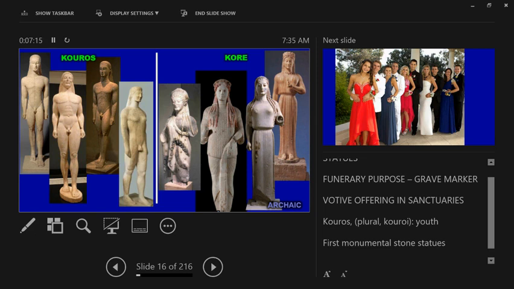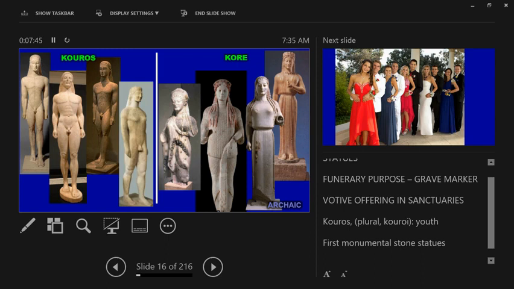And they are sort of a votive offering in sanctuaries. And the word KOUROS means youth. And these are the first monumental sculptures of the Greek culture. The two eras that we skipped, those were very small sculptures and mostly pottery.